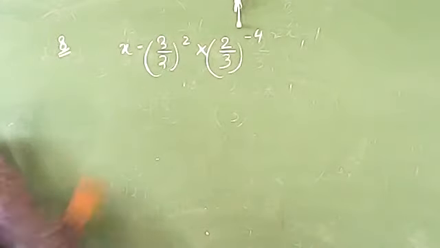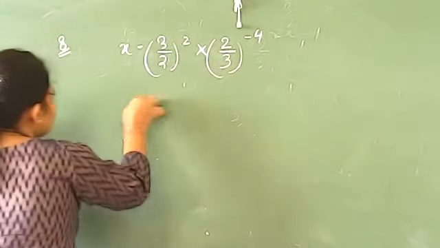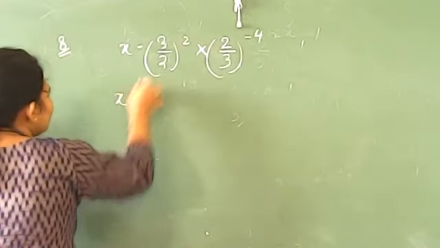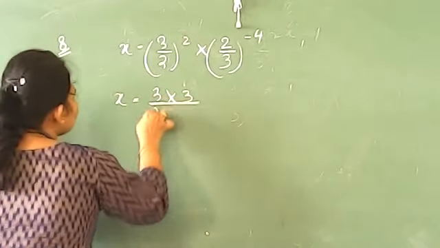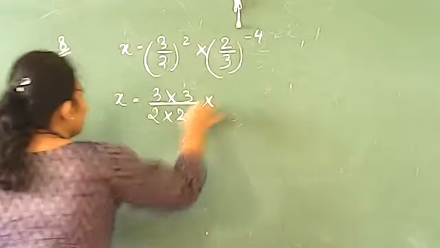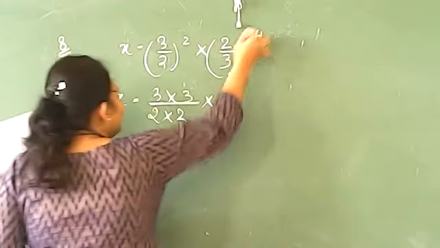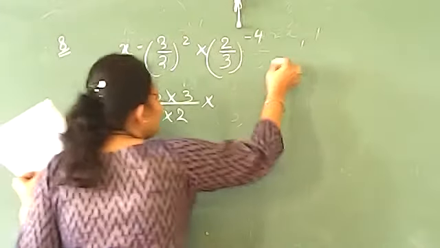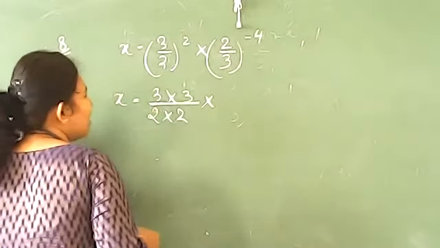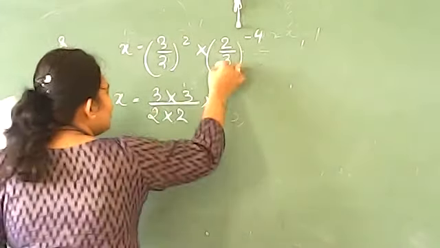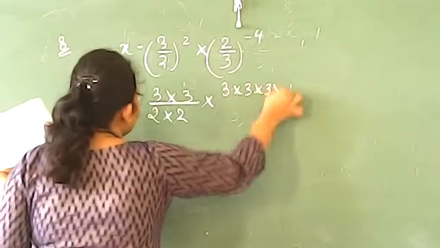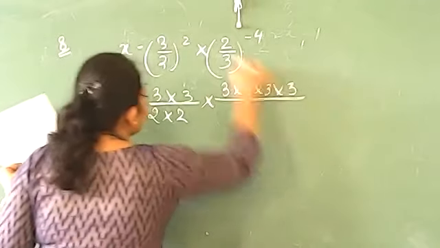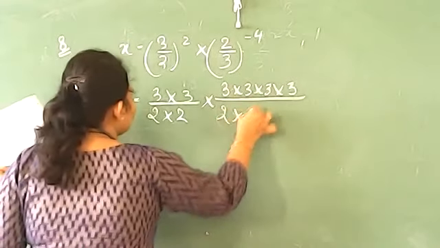First, let's solve this step. We have 3 into 3 and 2 into 2. Now we have power -4. To make the power positive, we take the reciprocal, so the base moves: 3 comes to the numerator and the power becomes positive, and 2 comes down.